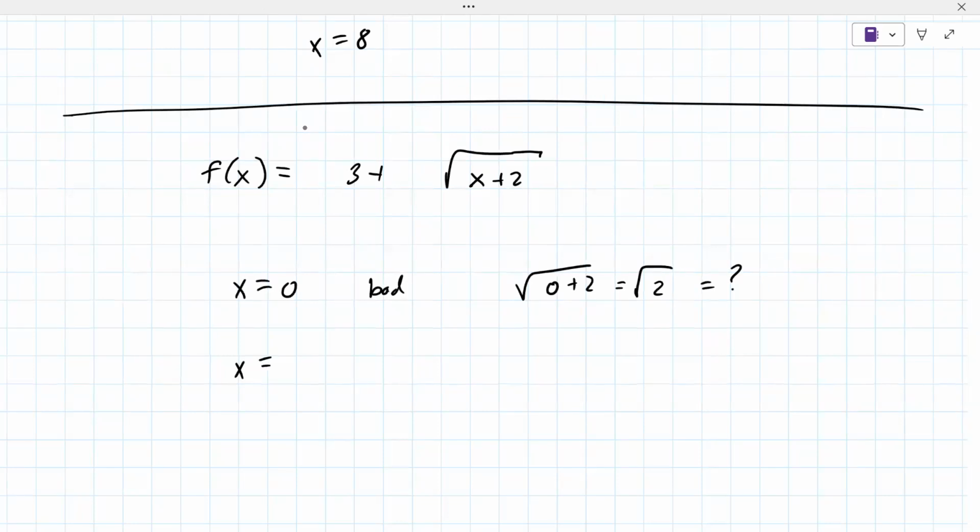But if x is 7, for example, it's good, because 7 plus 2 is 9, the square root of 9 is 3, and you've got it. All right, so what I'm trying to get you to see here, think about, is which numbers work.